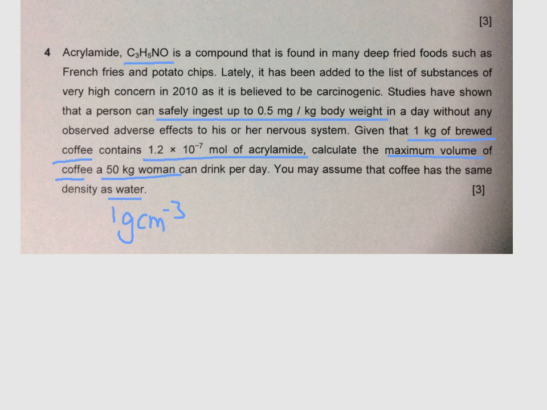Based on this and the information, you should know that in order to find the maximum volume of coffee, and since you need to use density, you will need to know the maximum mass of coffee, because the density is 1 gram per cm cube, so cm cube is the volume and grams is the mass.